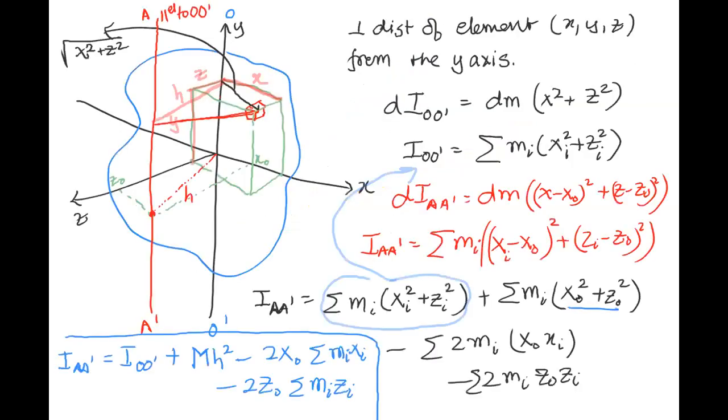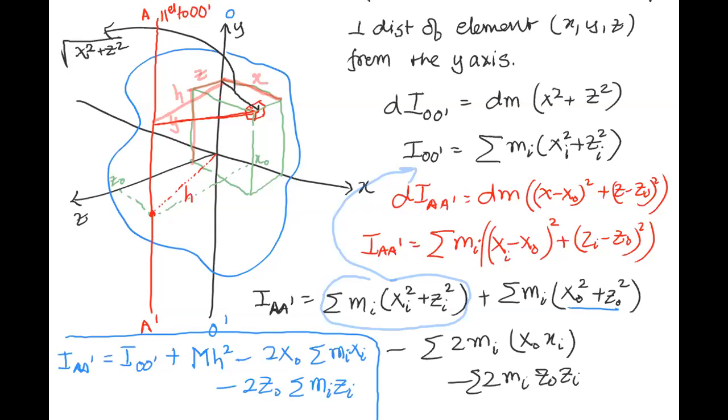Therefore, the moment of inertia about the axis AA dash will be equal to dm multiplied by this distance whole square, and the net moment of inertia would simply be the summation of this. When I expand the individual terms in this expression, I find that one of the terms is nothing but the moment of inertia about OO dash, and another term is nothing but m into h square, where h is the distance between the two parallel axes.